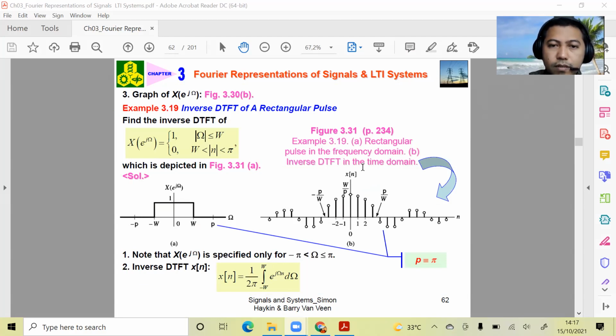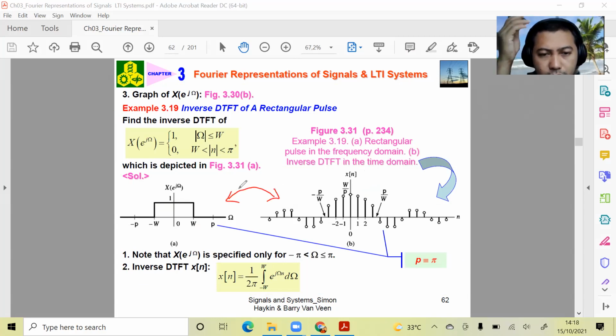So move forward to the next slide. You can see here a relationship between the signal in time domain and in the frequency domain.